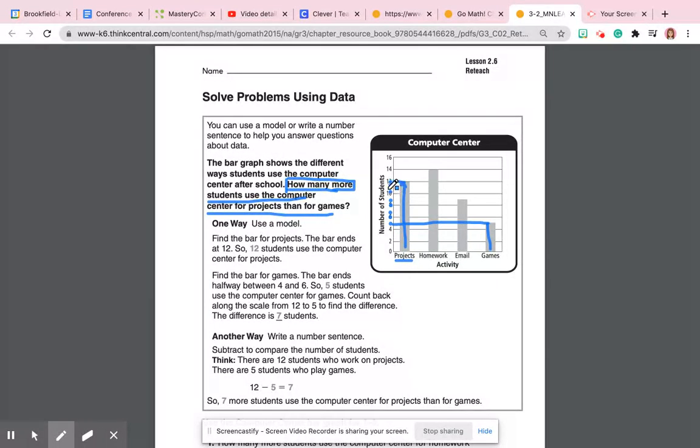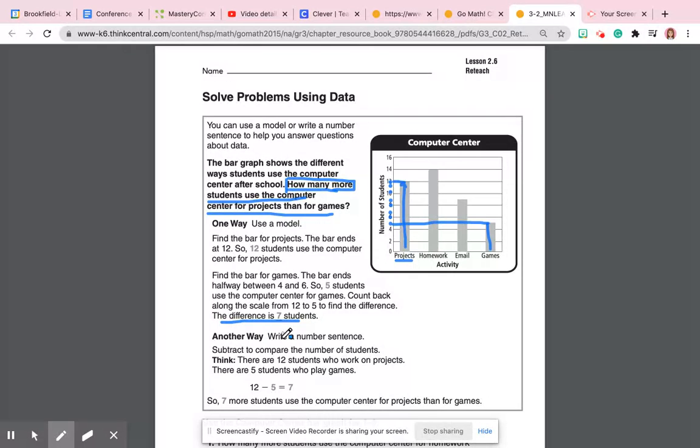All right, now let's see how many jumps we made. 1, 2, 3, 4, 5, 6, 7. We made 7 jumps. So that tells me that the difference is 7 students.